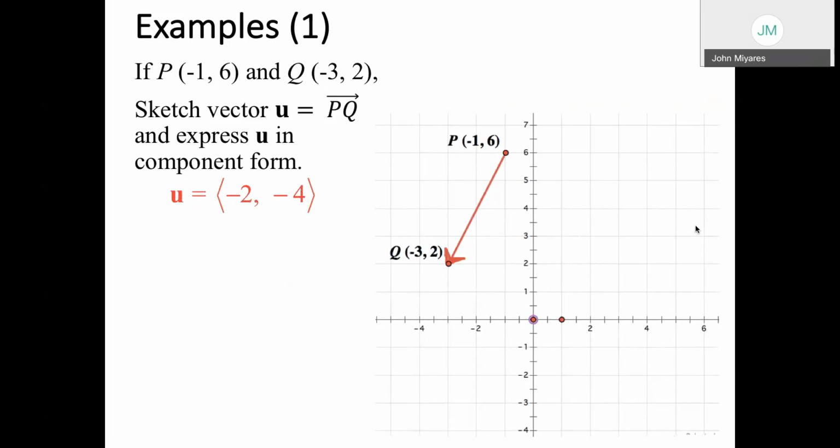Now let's say we want to sketch vector u in standard position. Take a minute on your own to give this one a try as well.